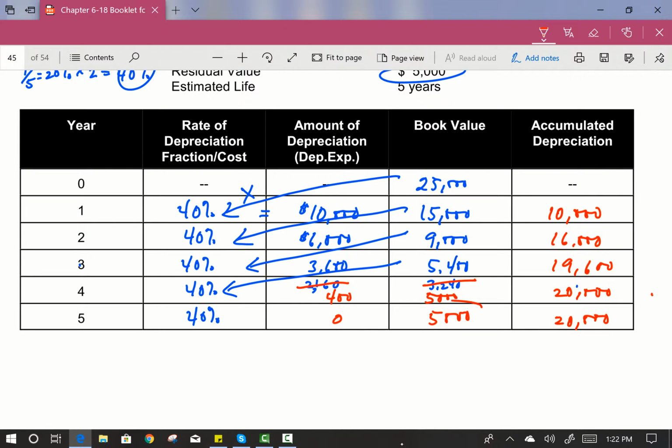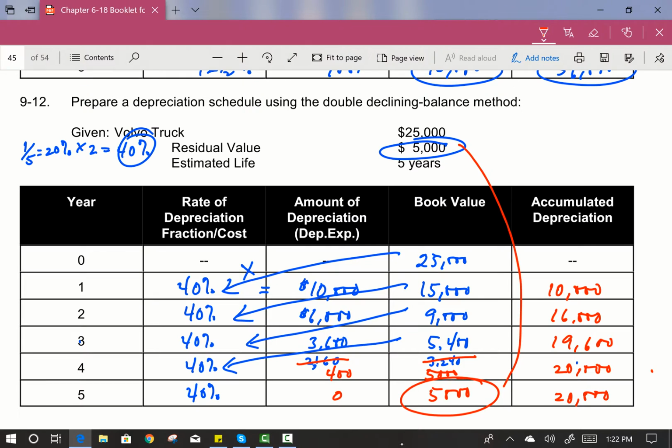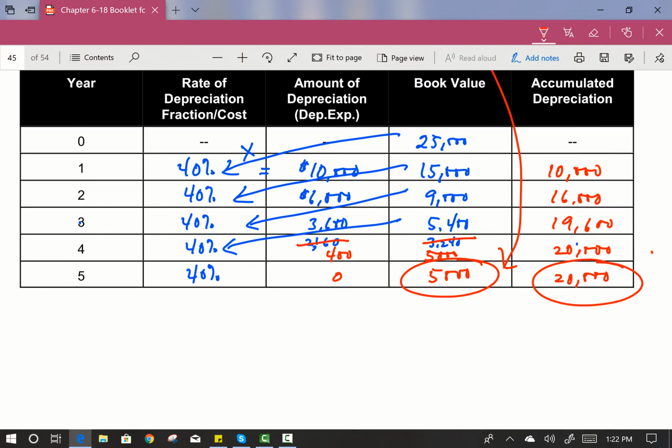And notice that my residual value did not go lower than $5,000. We don't recognize it in the beginning, but we do recognize the $5,000 in the end. The residual value is recognized in the end. And also, 25,000 minus 5,000 is equal to $20,000. Notice that your accumulated depreciation will not go greater than the depreciable amount of cost less the salvage value.